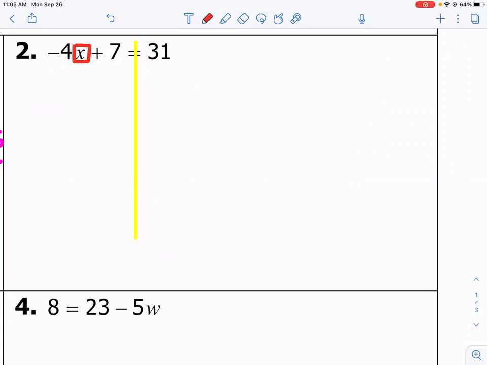Then after that, there's a plus 7. So Ariana, what is the first thing that we need to undo? Okay, we need to undo our addition. So we are going to subtract 7 from both sides.